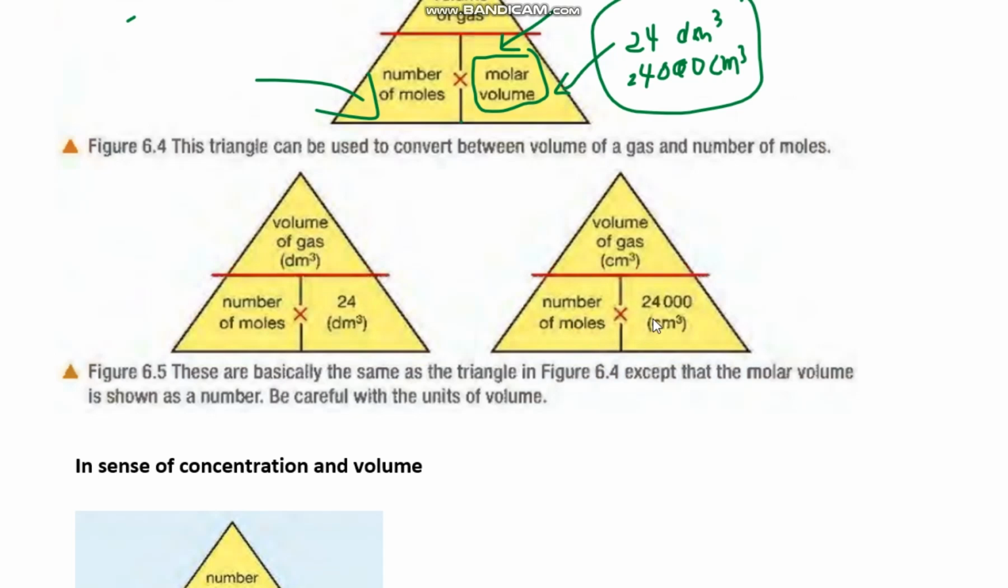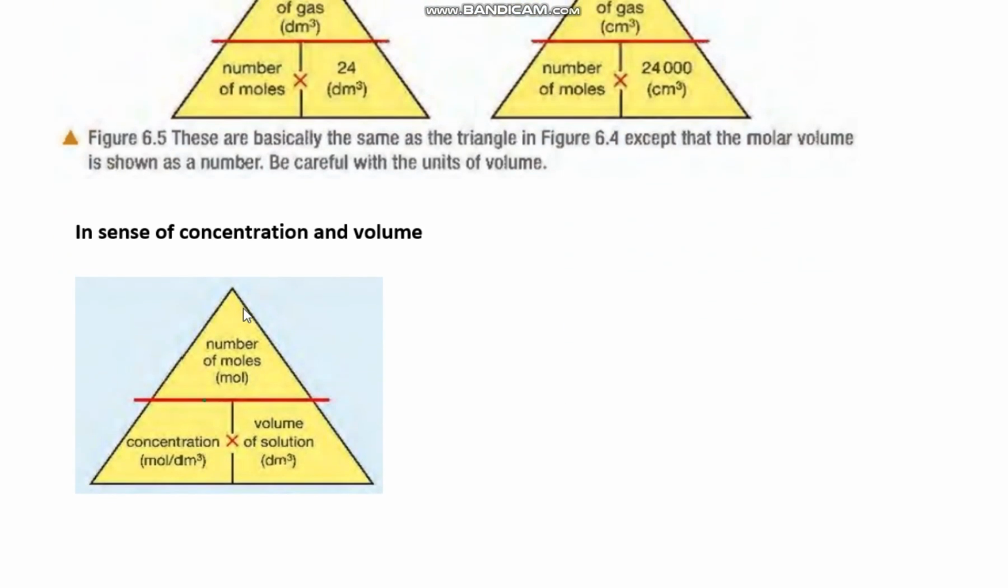Mostly you don't have to find the molar volume, but in the case of concentration, number of moles equals concentration times volume of solution in decimeter cube, in moles per decimeter cube. So there is no constant in this one.